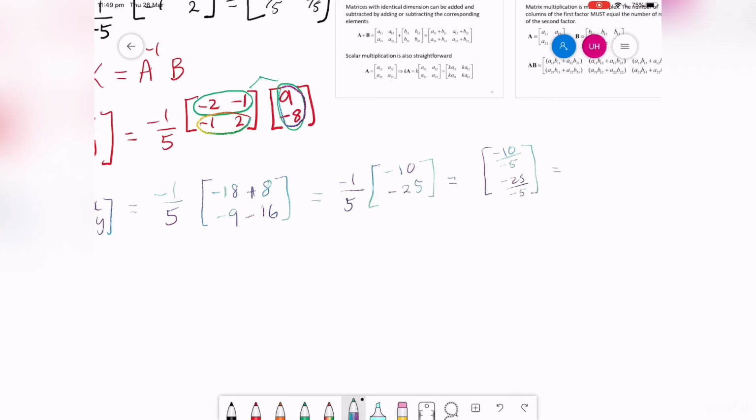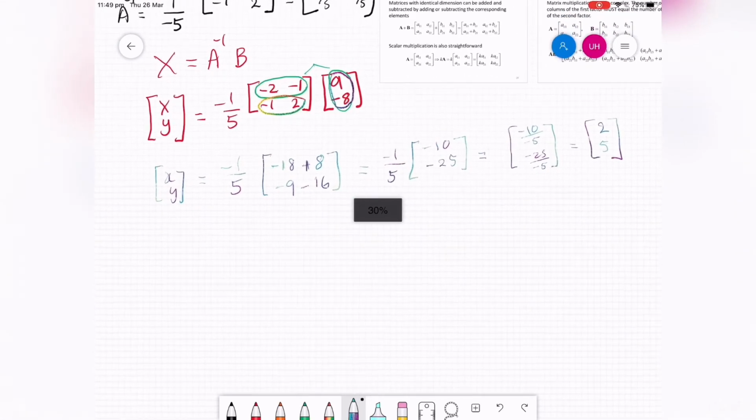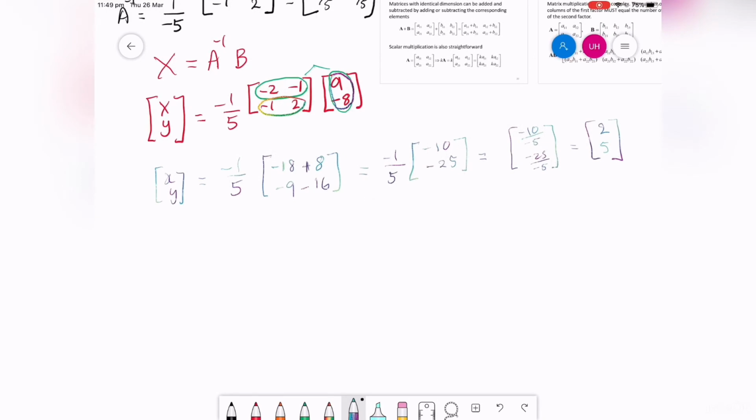Minus over minus is a plus. 10 divided by 5 is 2, and 25 divided by 5 is 5. So the solution is 2 and 5. That means x equals 2 and y equals 5. And that's it.